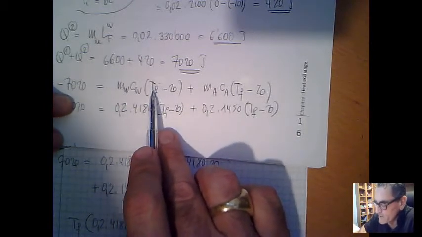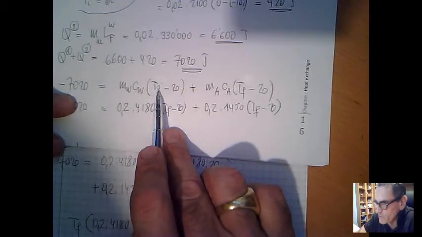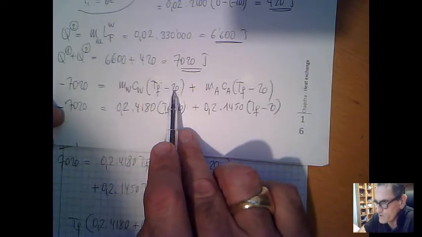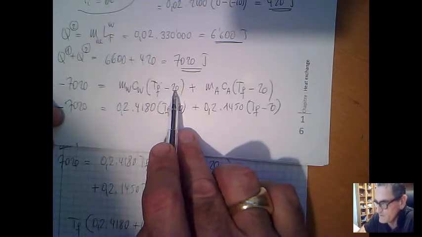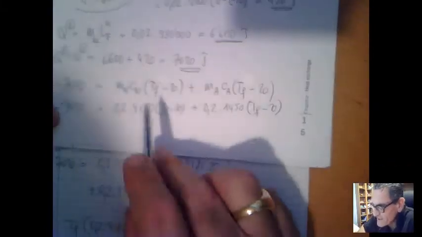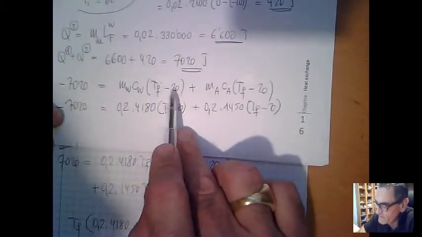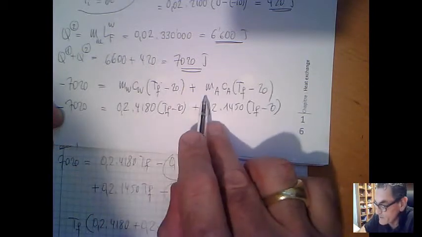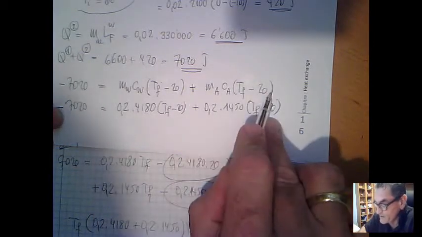Indeed, you see these two terms, they must be negative. Why? Because the final temperature of the water, we expect it to be lower than the initial temperature of the water, which is 20. The final temperature is going to be maybe, let's say 15. So if I have 15 minus 20, this term here is going to be negative, and this term here is going to be negative too.